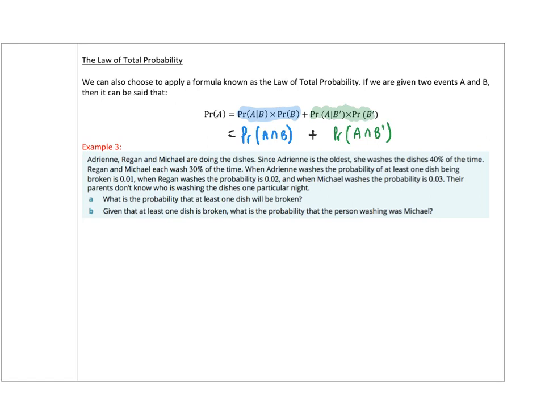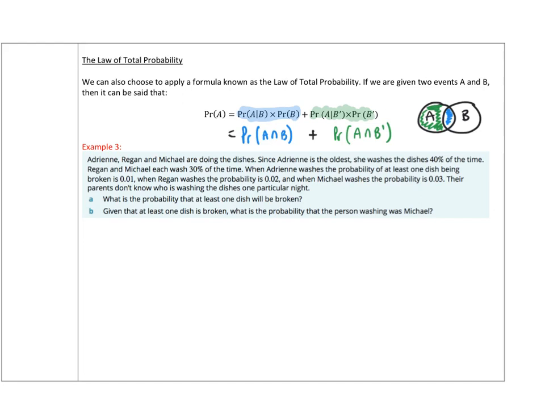This might make more sense in a Venn diagram where we've got A and B. Well, the probability of A and B is easy enough. It's in here. And the probability of A and not B means that it has to be everything that is here. And we can see visually that that's obviously the probability of A.